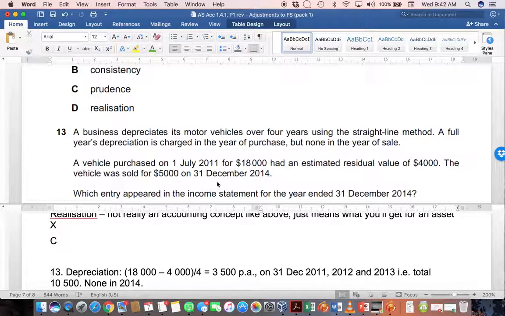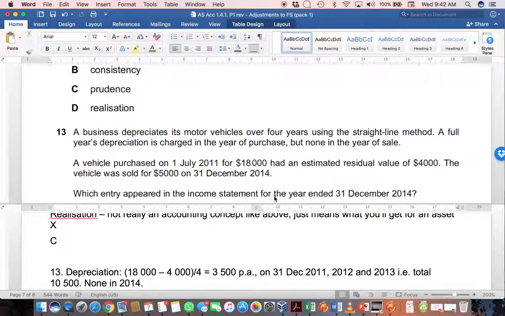However, when it was sold on the 31st of December 2014, because it tells me here none in the year of sale, even though we have actually had it a whole year, we won't record any depreciation in 2014. So that means that the total depreciation is going to be $10,500 over the entire life of this asset.